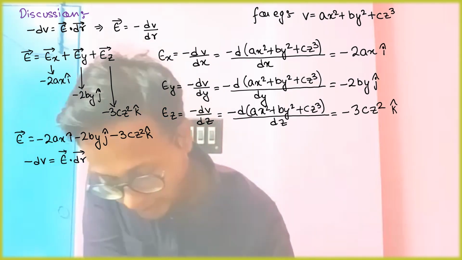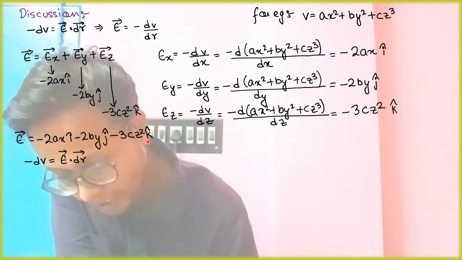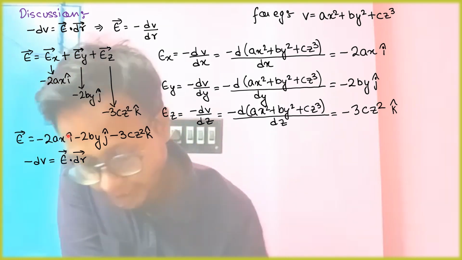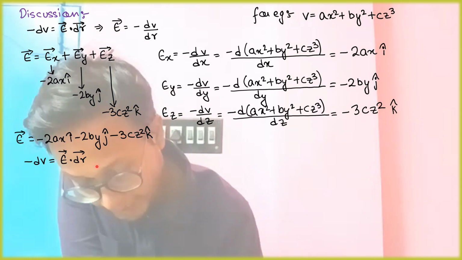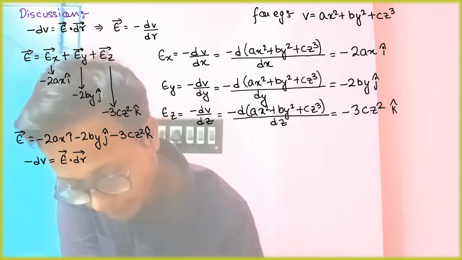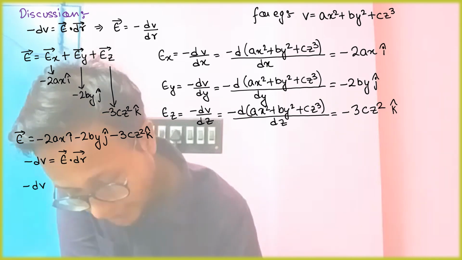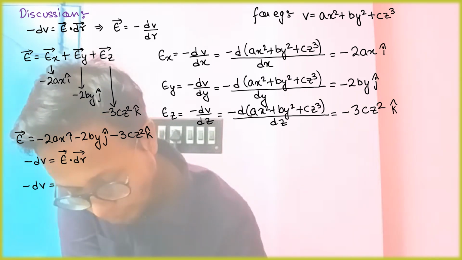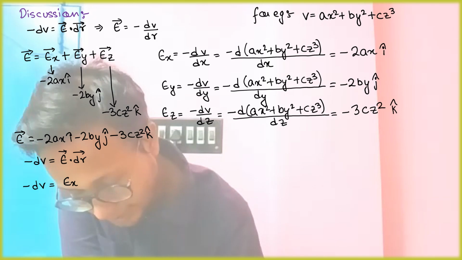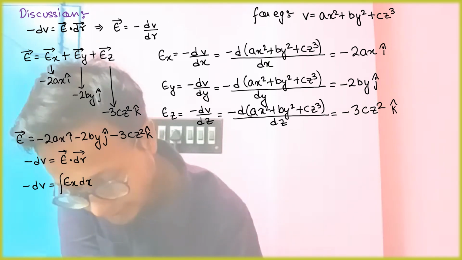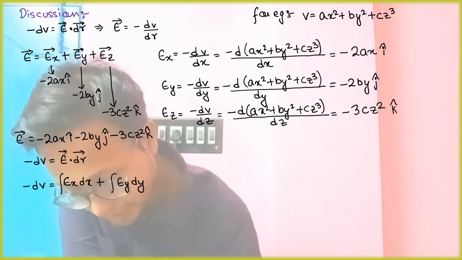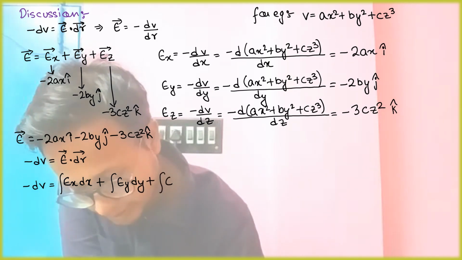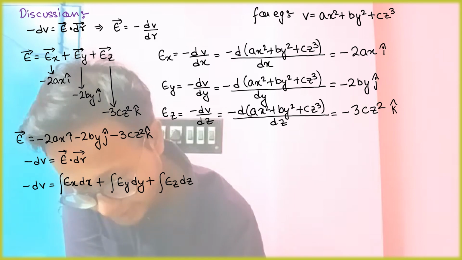How do we integrate the i component, j component, and k component with dr? The x component of electric field has to be integrated by dx. That means minus dV is equal to the integral of Ex dx plus the integral of Ey dy plus the integral of Ez dz.